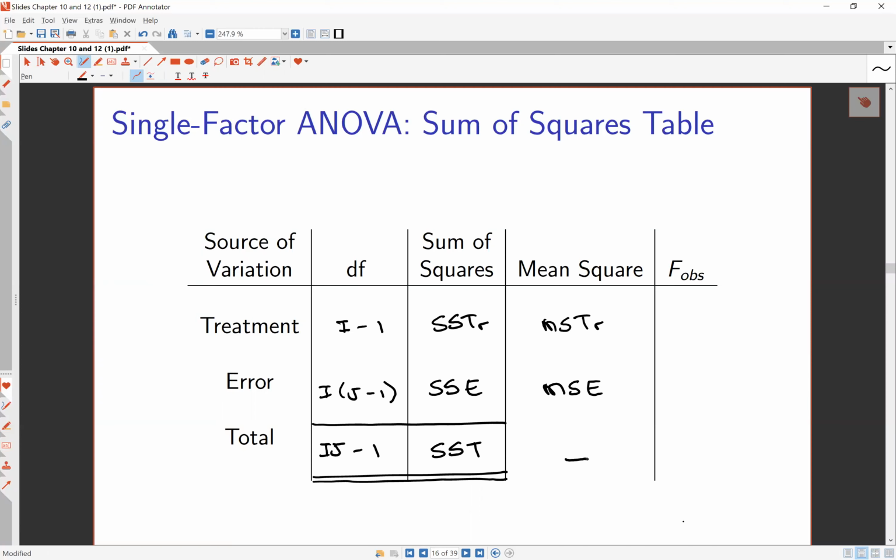We do not calculate a total mean squares. And finally, we have our F observed, which is the ratio of the two mean square values for treatment and error. And so we will dig in and do a few examples tomorrow so that you can see how all of this hinges together and how we can reach conclusions in experiments with multiple populations or multiple groups.